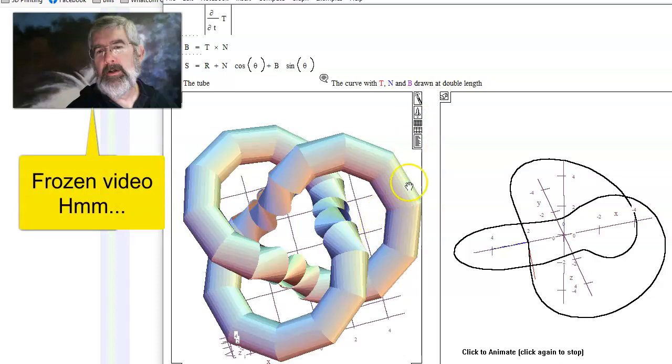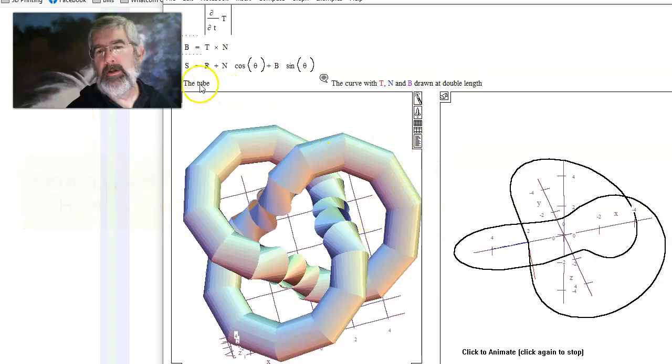Yes. What I'm doing here is this line right here, S. S equals r plus n cos theta plus b sine theta. I am using the N and the B vectors to draw a circle, and then I'm shifting it so that the center of the circle is on the curve.